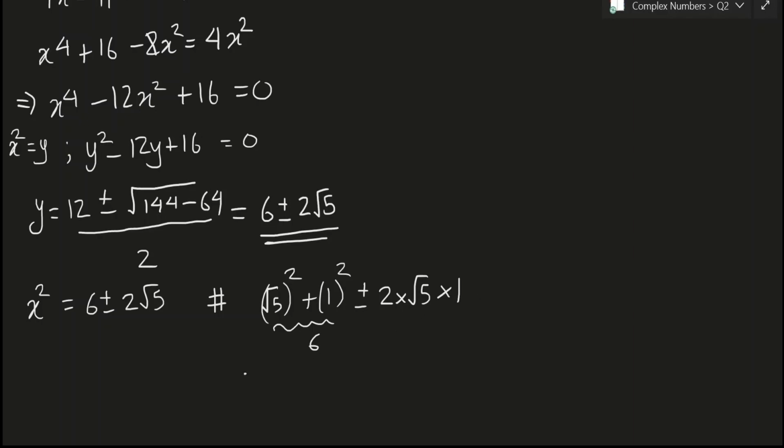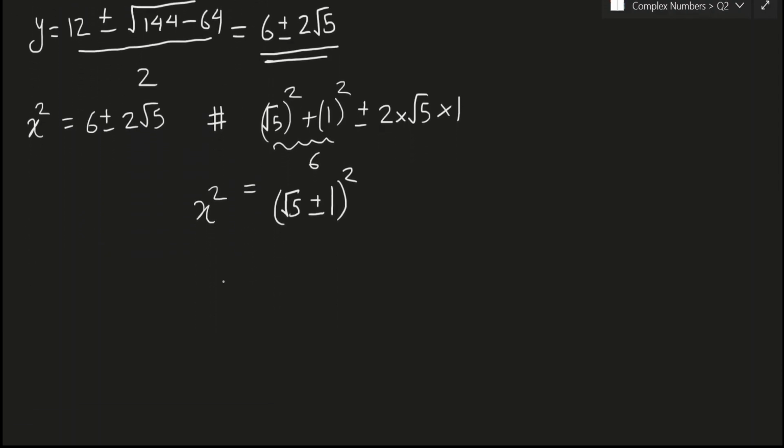So this is going to be nothing but root 5 plus minus 1 whole square, which is equal to x². So I can cancel the square part and I'm going to be left with x is equal to root 5 plus 1 and root 5 minus 1 as two of the values of x.